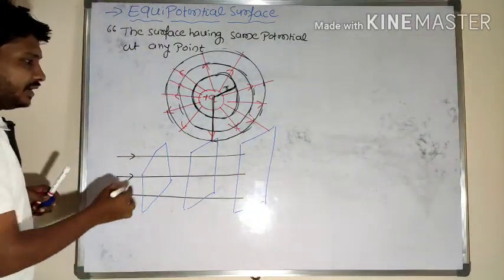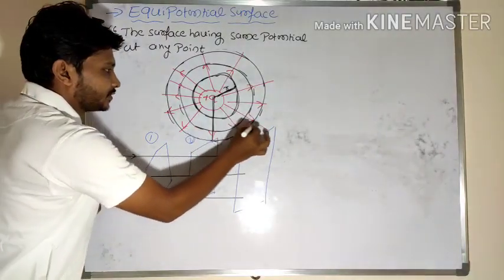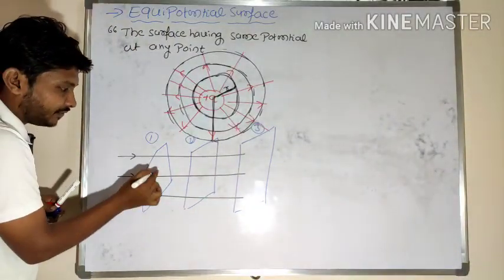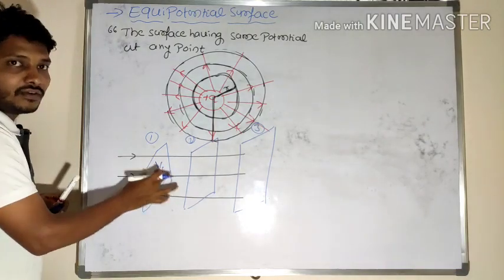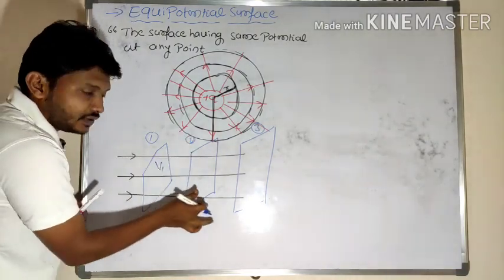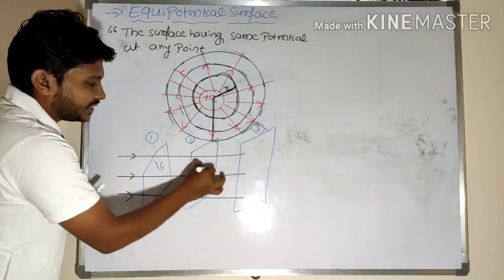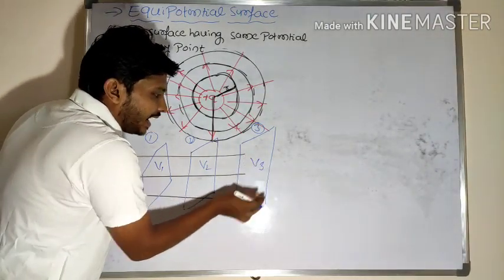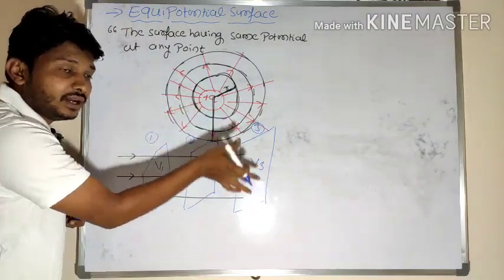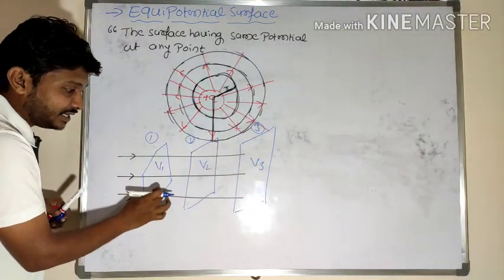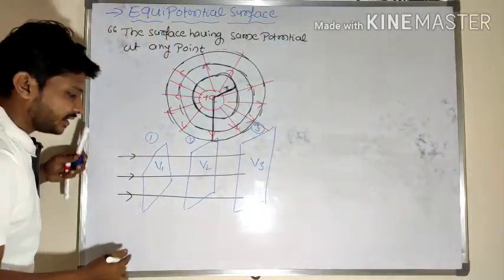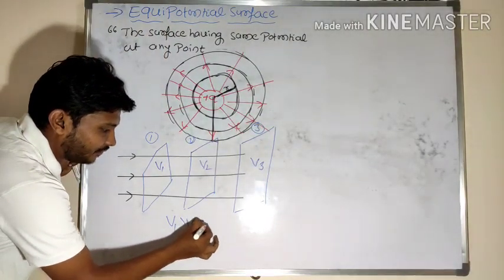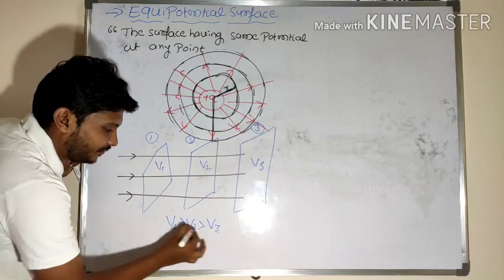In these surface 1, surface 2 and surface 3, wherever you calculate the potential on the first surface, the potential value remains the same. On the second surface, the potential value remains the same, and on the third surface the potential value remains the same. So the potential value remains the same on a particular surface. Here V1 is greater than V2, which is greater than V3.